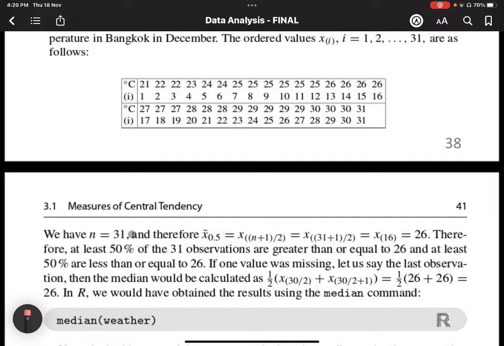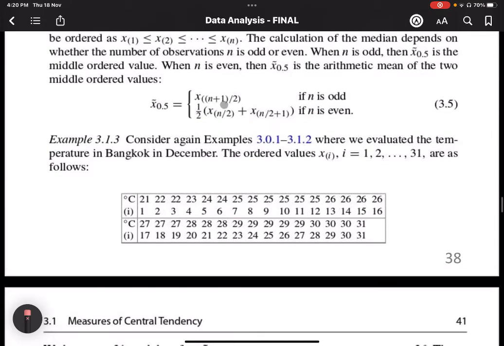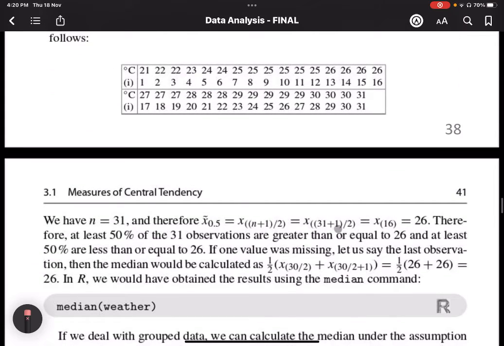So we have an odd number of observations, so we use the first formula. 31 plus 1 divided by 2 will give us x16, so it will give us 26. Ibig sabihin ng 16, yung ika-number 16, ay 26 siya.